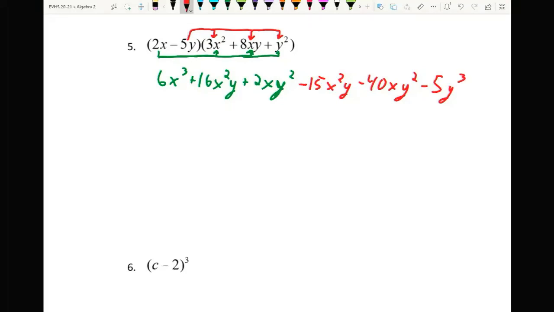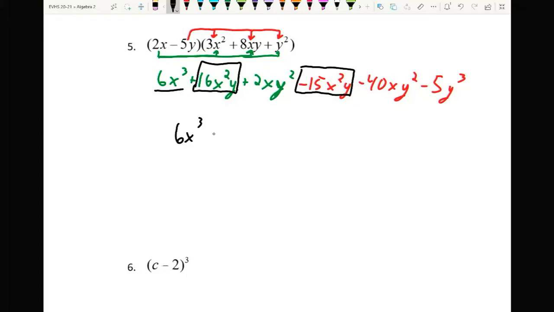All right, now we got to look for like terms. So 6x cubed. I'm not seeing any other 6x cubes, so we're just going to write it down. 16xy squared, x squared y. Well, I've got a 16x squared y here, and a negative 15x squared y here.